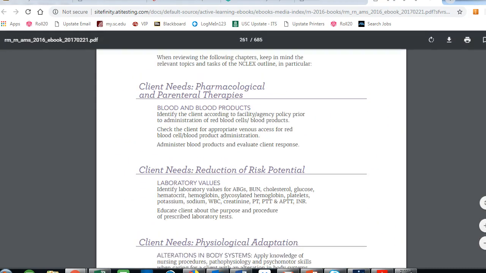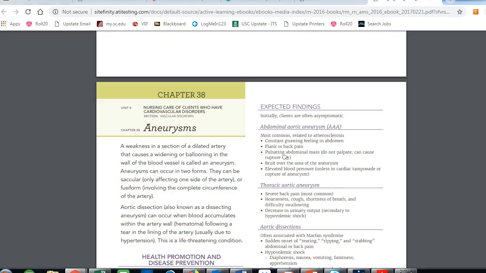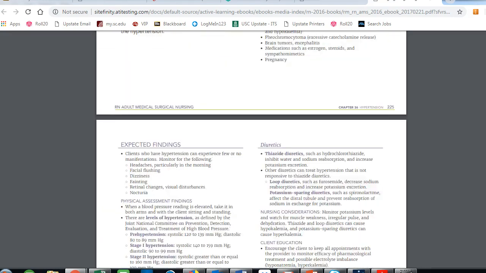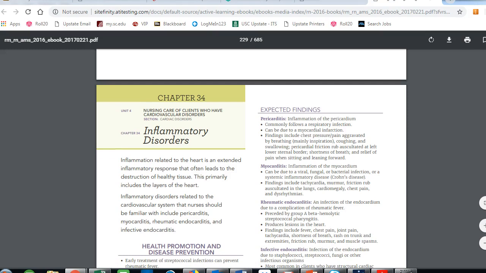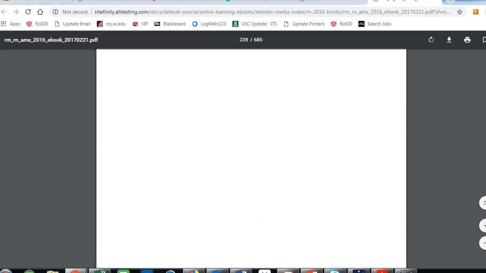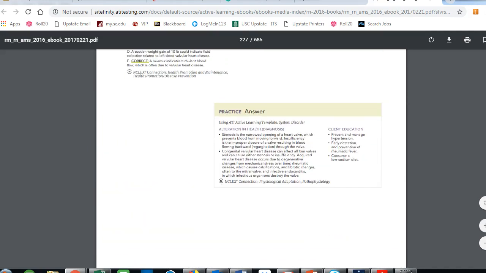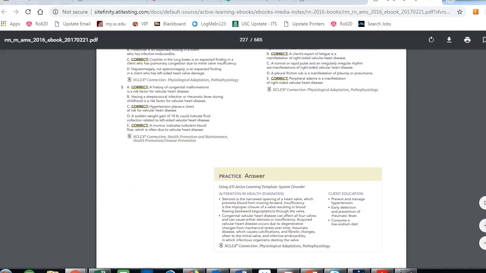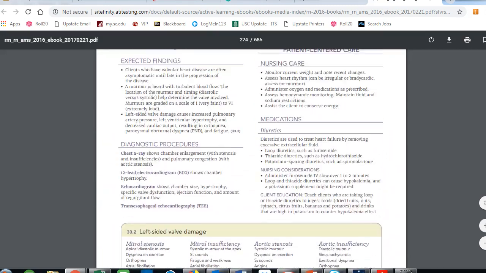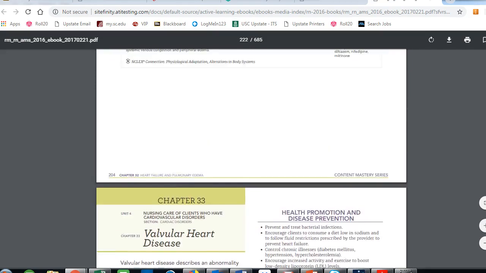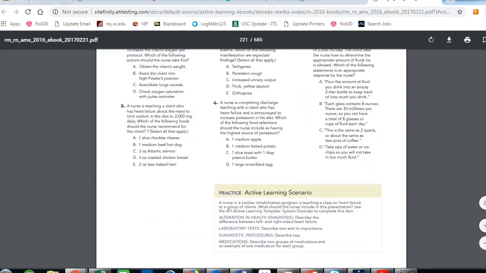And there is a great chart in your ATI book about stable and unstable angina. I don't know why I can't say that correctly. Look at that chart so that you can see the difference of the two.